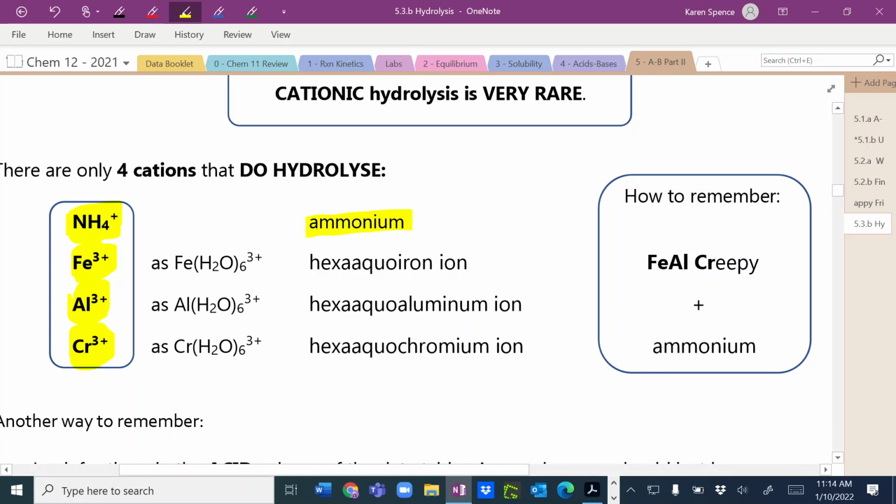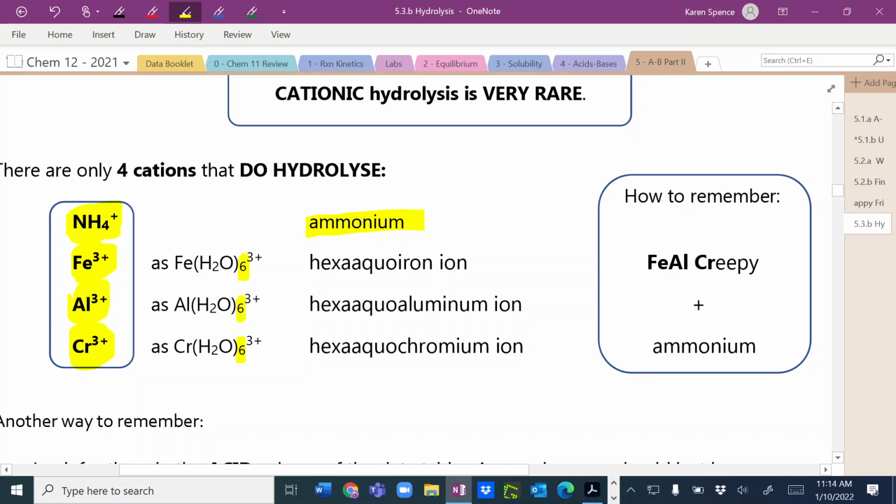We know the name of ammonia, that's perfectly normal, okay? When we get to iron, it is one of those complex ions that I've mentioned previously in the course. It associates itself with 6 waters, and it is those waters that allow it to hydrolyze.